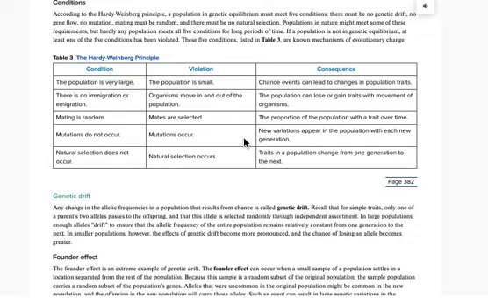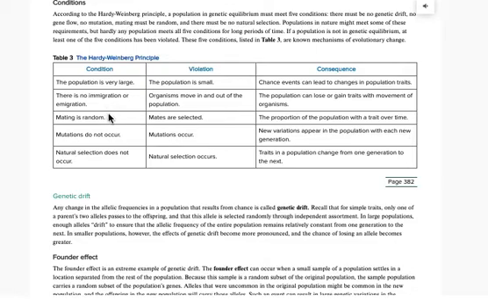Hardy-Weinberg is actually important to look at so that you know what is changing in a population that caused a change in the gene pool. There are different things that can change that. For Hardy-Weinberg to work, you have to have a very large population. You also have to have no immigration or emigration, no things moving in and no things moving out.